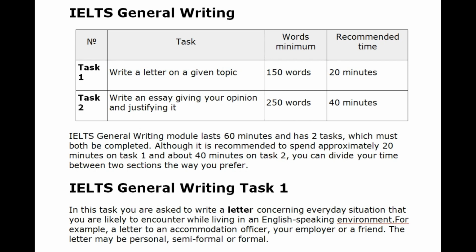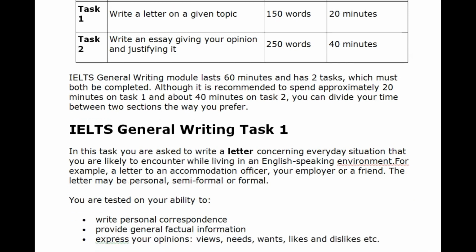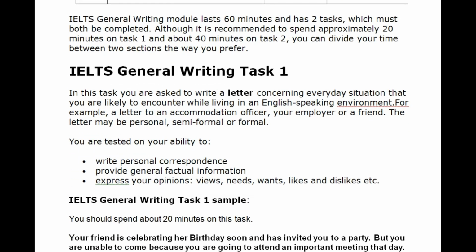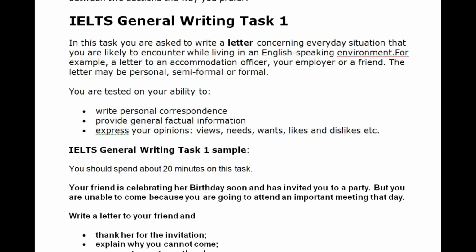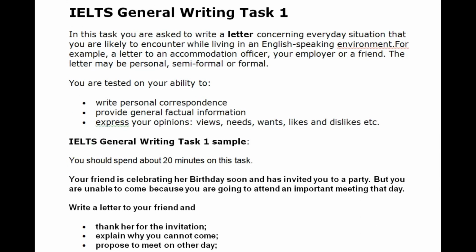The letter may be personal, semi-formal, or formal. You are tested on your ability to write personal correspondence, provide general factual information, express your opinions, views, needs, wants, likes and dislikes, etc.